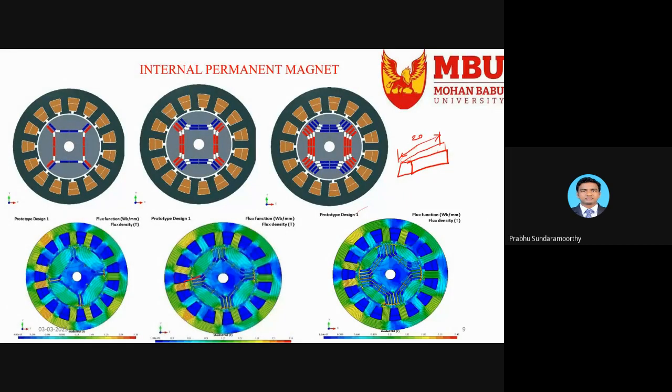So it should be segmented, right, as n number of pieces. Depending on how much it is segmented, we can have a reduced value of cogging torque, right?